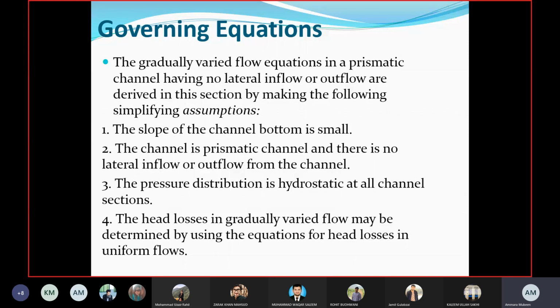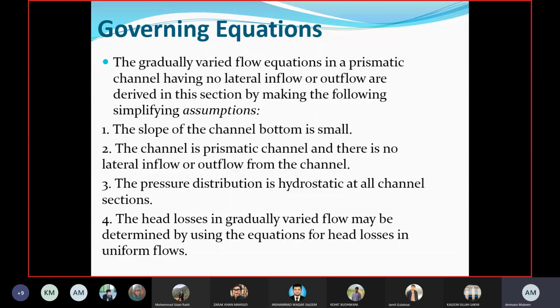For gradually varied flow, you have to use some governing equation so that you will be able to know whether the depth will increase or decrease with increase in distance. So what is that equation we are about to discuss? But before going to the derivation of that governing equation, just check the assumptions.